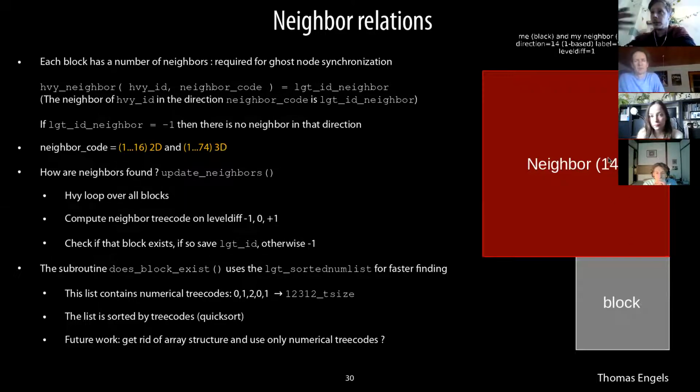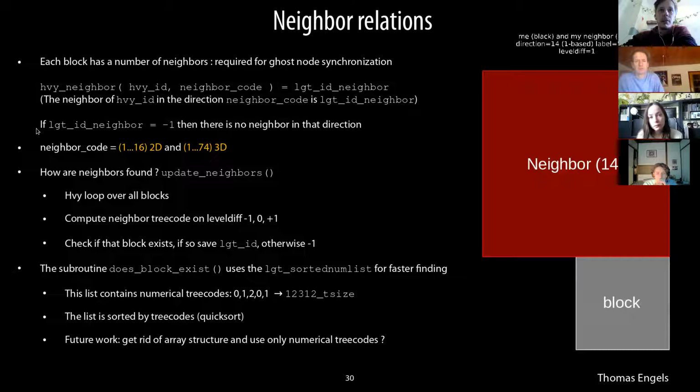So there's a table for that with a lot of figures. But this is the relation. So this would mean for this block in the array entry number 14, the light ID points to this red block. If it lives on the same processor or not, it's just a light ID, so you can compute the processor ID from the light ID.